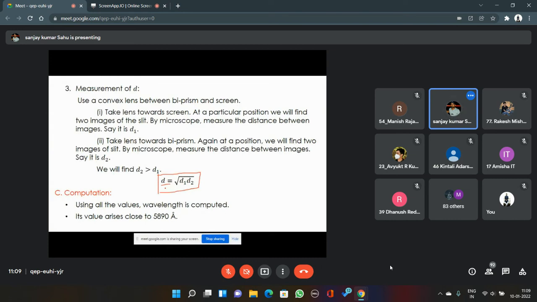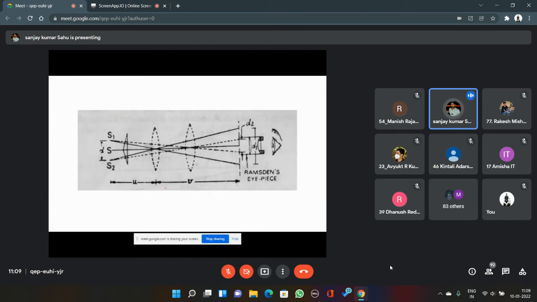Let me show a little bit what these small distances d1 and d2 are. This is the biprism in your experimental arrangement, and this distance is small d, the distance between the two virtual sources. This is the biprism, and this is the position of the convex lens.